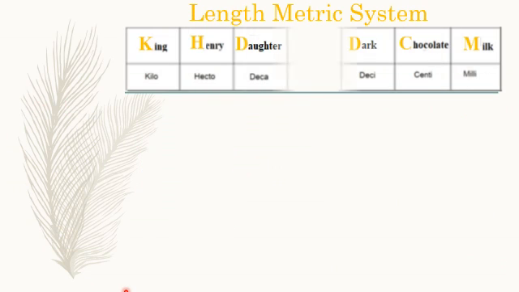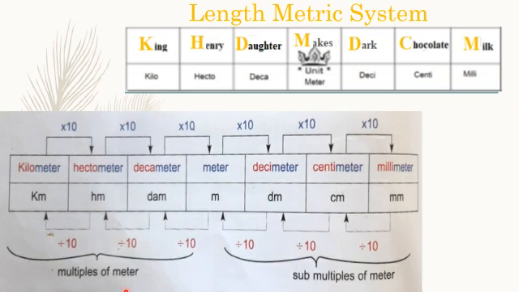Length metric system. In order to memorize the units after each other, you have to keep in mind this sentence. King Henry's daughter makes dark chocolate milk. K in king is for kilometer, H in Henry for hectometer, D in daughter for decameter, M in makes for meter, D in dark for decimeter, C in chocolate for centimeter, and M in milk for millimeter.